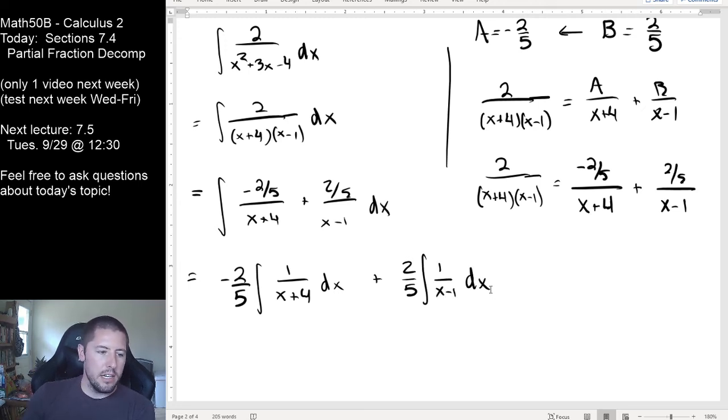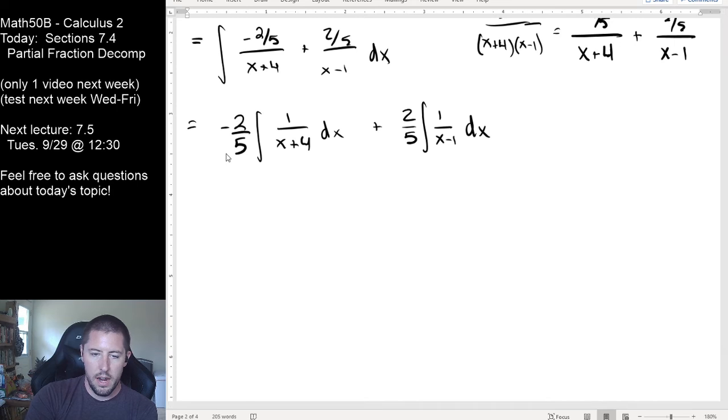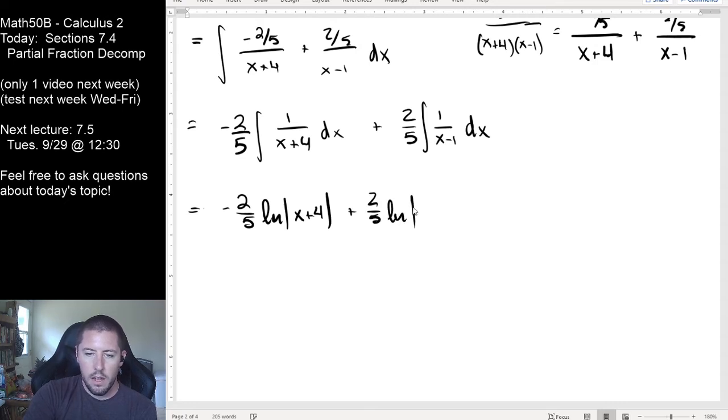I can't give you easier integrals than these right here. You just get natural logs from constants over linears. So I think I'm seeing here an answer of negative 2/5 natural log of x plus 4 plus 2/5 natural log of x minus 1 plus c. I'm good with this being a good final answer right here.